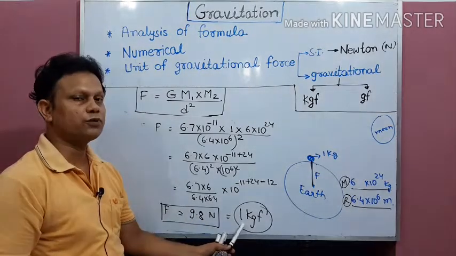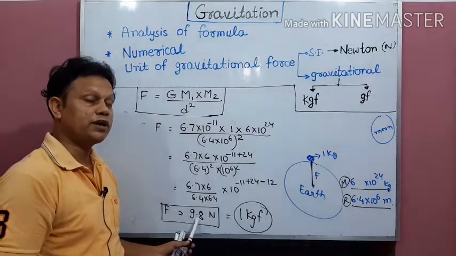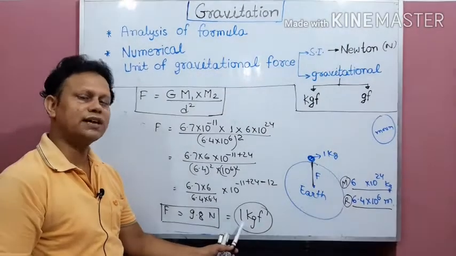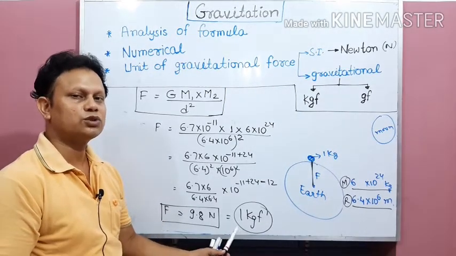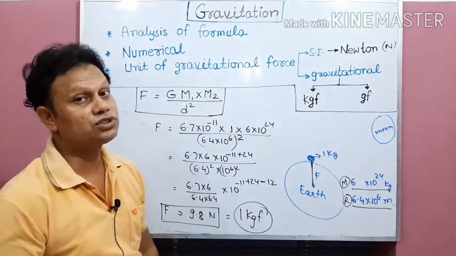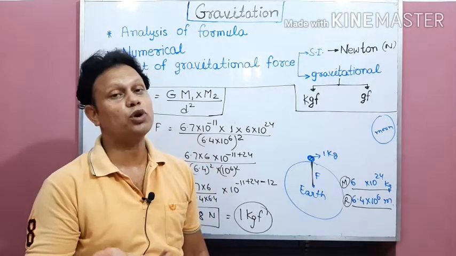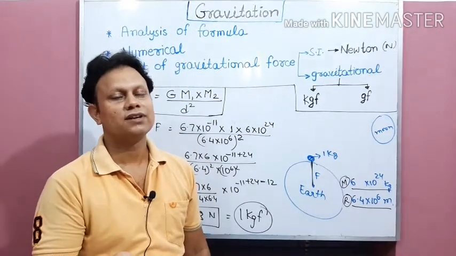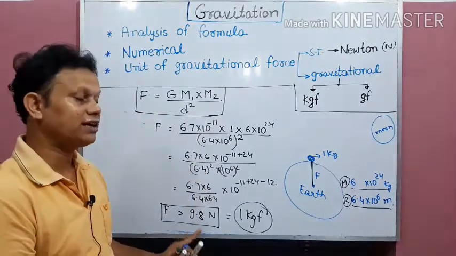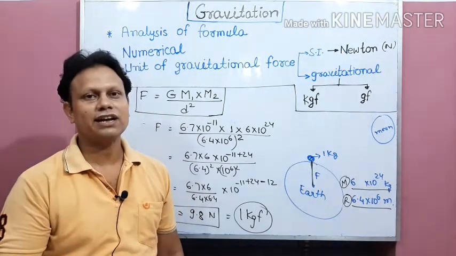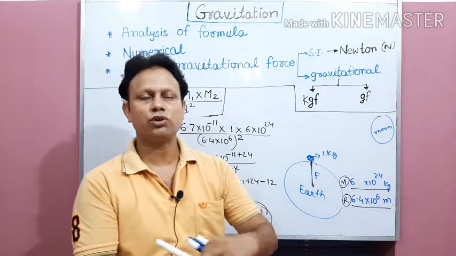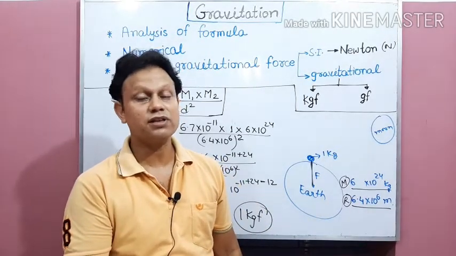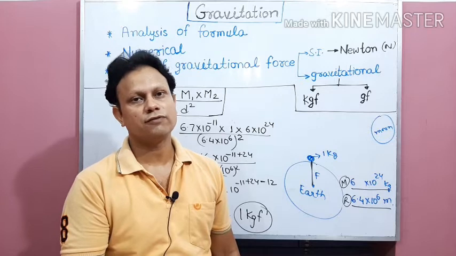And that's why, to get a value of 1 Newton, what do we do? If 1 kilogram force is equivalent to 9.8 Newton, then for 1 Newton, how much mass should we hold in our hand? Actually it should be 98 gram, but we cannot get exactly 98 grams. So approximately, when you place a 100 gram mass object on your hand, you are experiencing 1 Newton force.